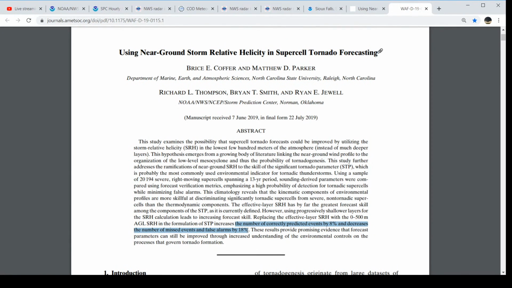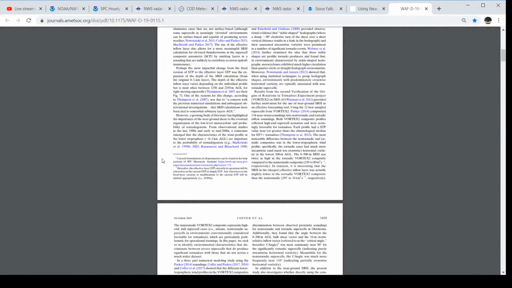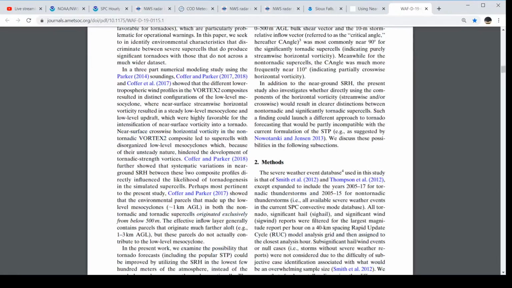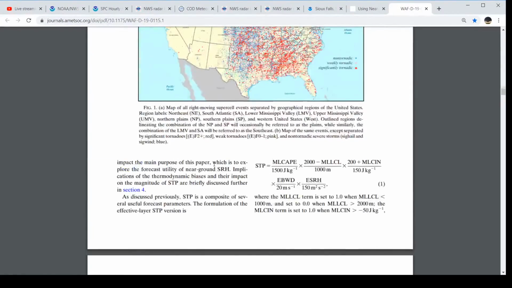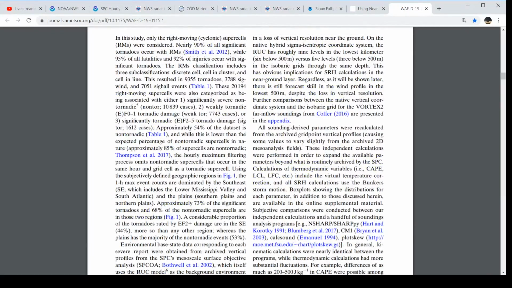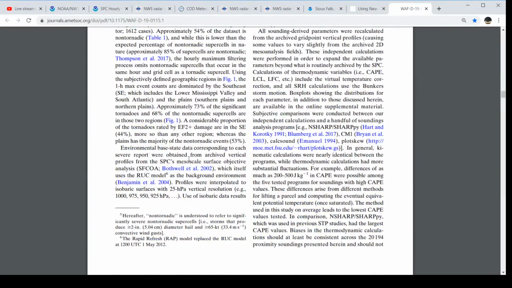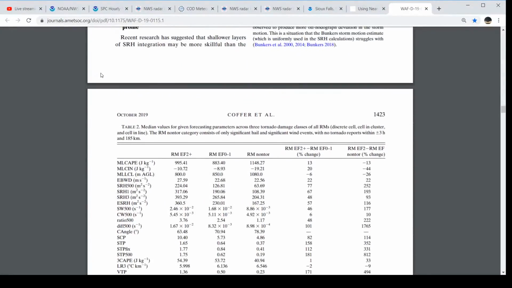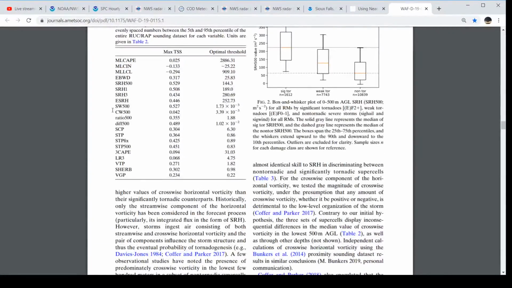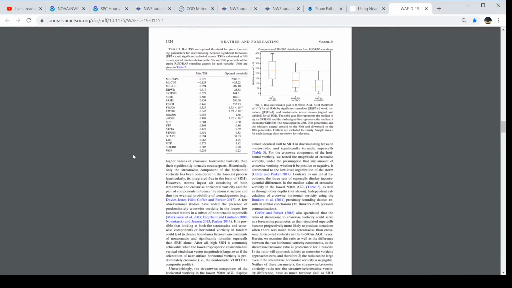So definitely recommend to look up this paper and look over it like I have and try to learn a little bit about it. I still read this paper, still take notes and try to learn as much as I can from it.